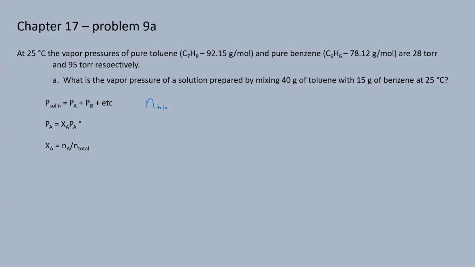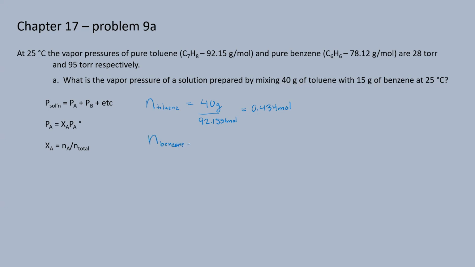To get the moles of toluene, we have 40 grams. The molar mass is 92.15. So there is 0.434 moles of toluene.